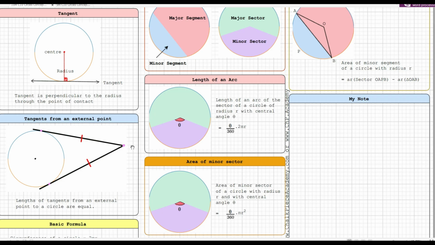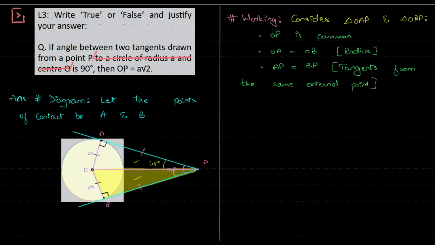Right? Again, make use of this sheet to revise. So with all of this, we can tell that triangle OAP is congruent to triangle OBP by SSS congruency.